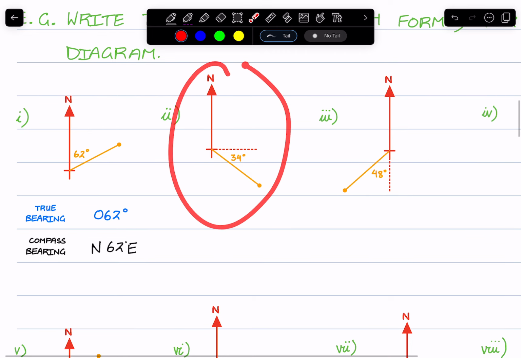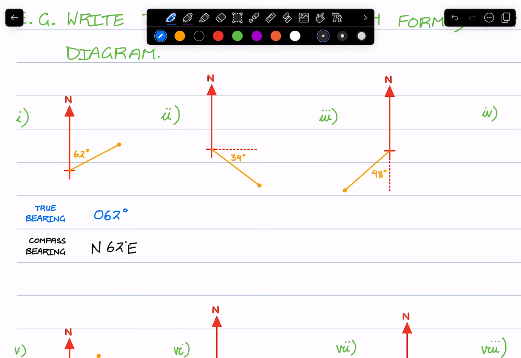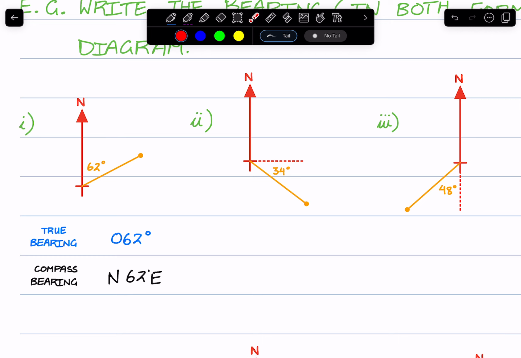Let's try it for this next example. Doing the true bearing first. Remember, we're always starting from the middle, facing north for true bearing. And then we ask ourselves, how many degrees do we need to turn in order to face this line?